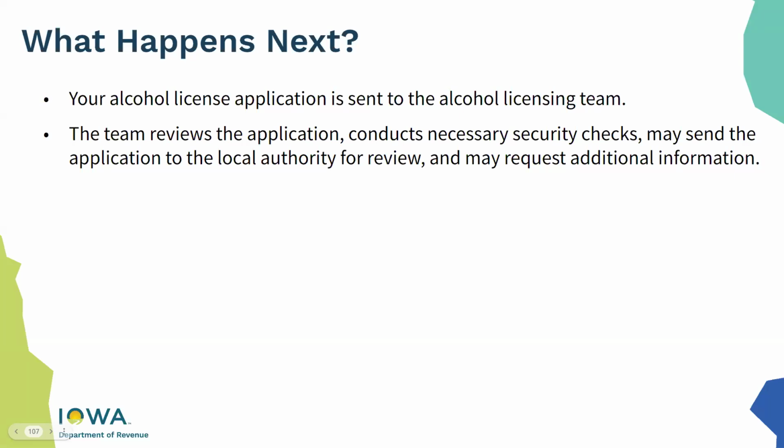So if you have any questions in regards to the process or the status of your application, you are able to view that as well via the public database, which is available on the Iowa Department of Revenue website. And that completes the alcohol licensing application process.